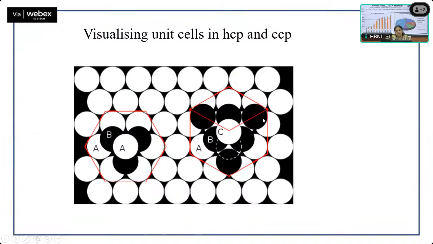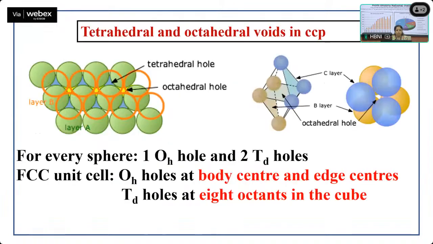So one layer, if you concentrate on the black layer, which is the B layer, and if you try to see what is the Miller indices of this plane, this is the 111 plane. So the close packed layer coincides with the 111 plane of the FCC unit cell. Okay, so I hope that is a little bit clear now.